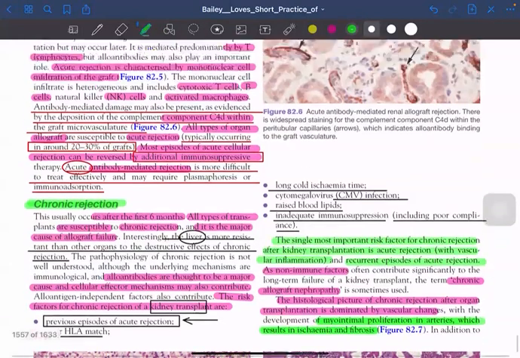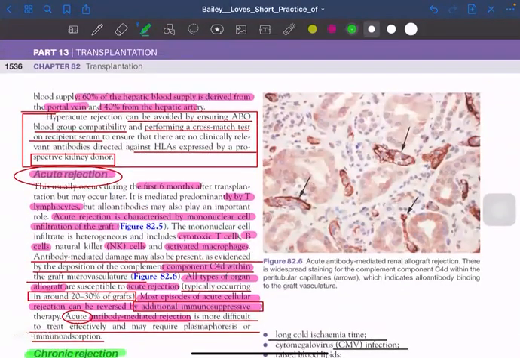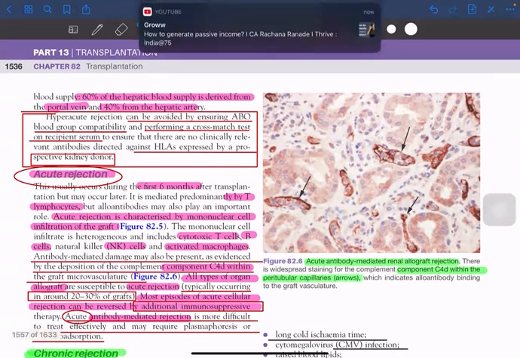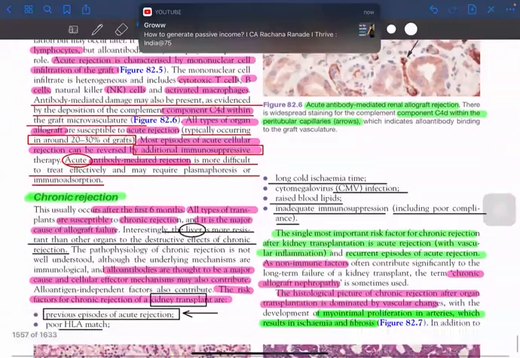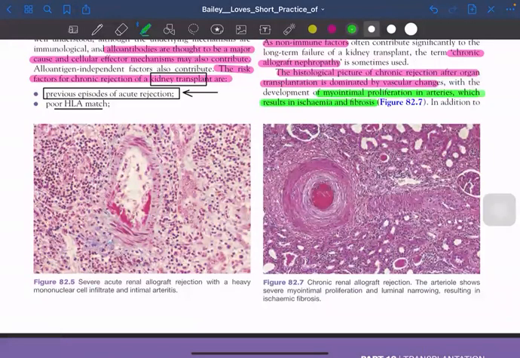If you look at this figure 82.6, this is acute antibody-mediated renal allograft rejection, with widespread staining for complement C4D within the peritubular capillaries. Here is severe acute renal allograft rejection with a heavy mononuclear cell infiltrate.